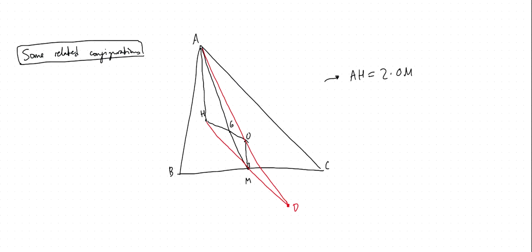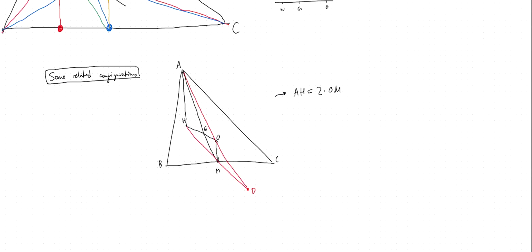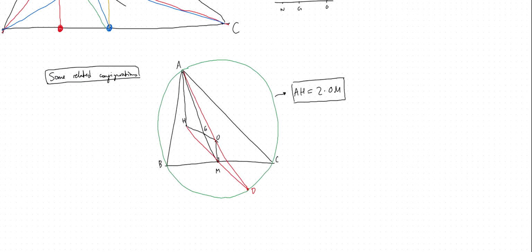This is the opposite point. So it's a very important thing. D being the opposite point on the circumcircle, H and M and D are collinear and they are equal. So this is the statement.